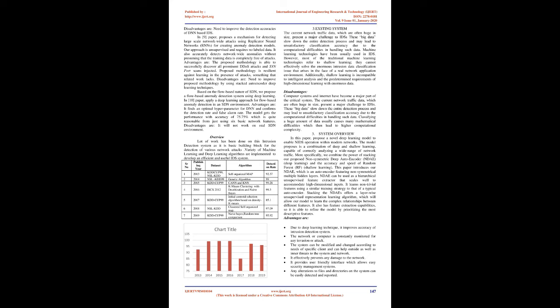Disadvantages are: need to improve the method to maximize the feature reduction process in the deep learning network and to improve the dataset. Paper 7 proposes a deep learning-based approach for developing an efficient and flexible NIDS. A sparse autoencoder and softmax regression-based NIDS was implemented.